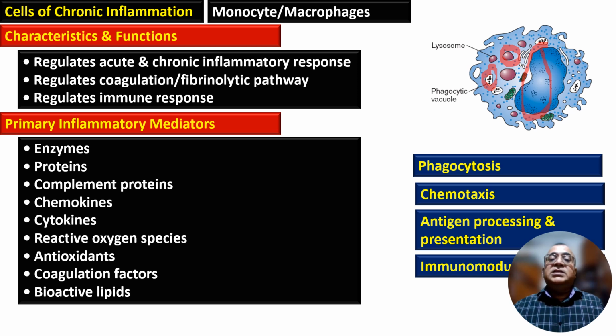Then various immunomodulatory factors are released from these macrophages that regulate immune response. A variety of receptors are expressed on the surface of these macrophages that are responsible for signaling. These signaling can be in association with polymorphonuclear neutrophils, or some of the receptors are macrophage specific only.